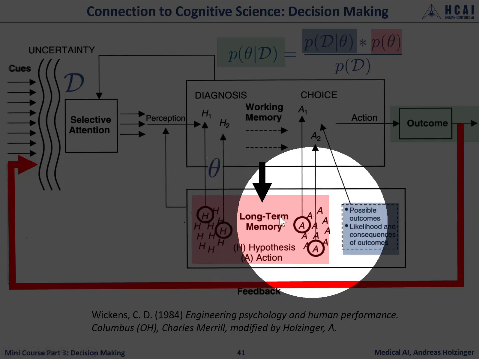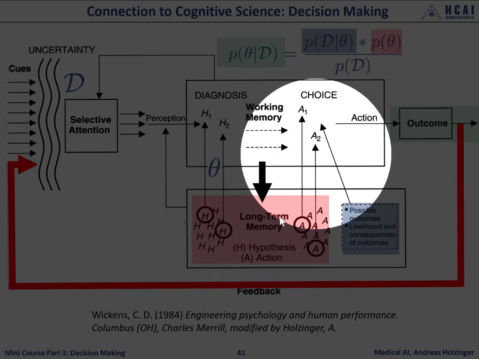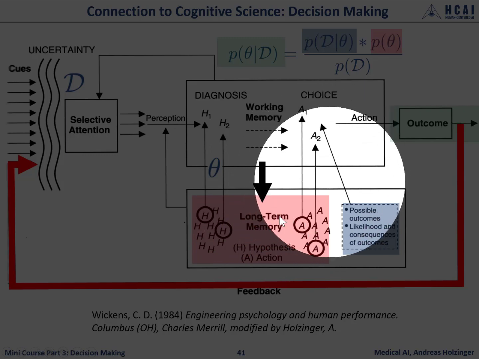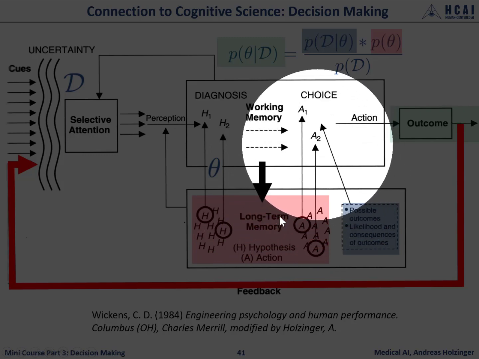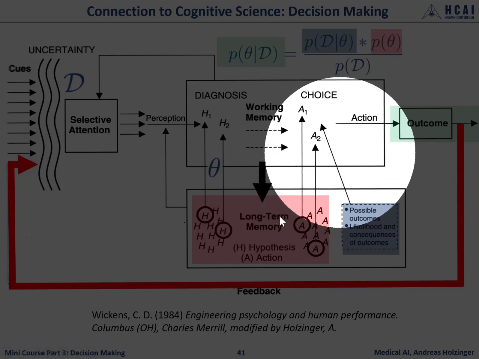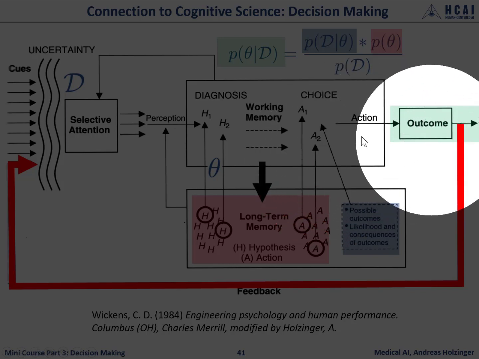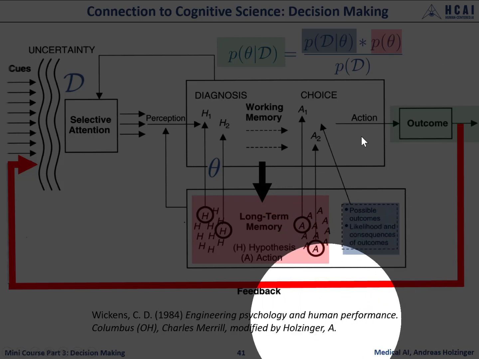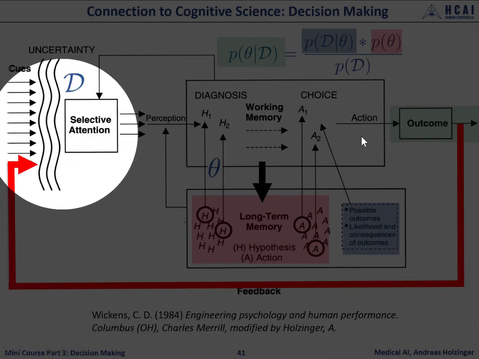And now we have the choice, the decision making. So we compare and select the best possible choice as an answer to the working hypothesis, and this triggers then an action.